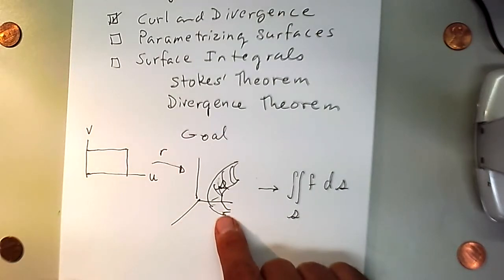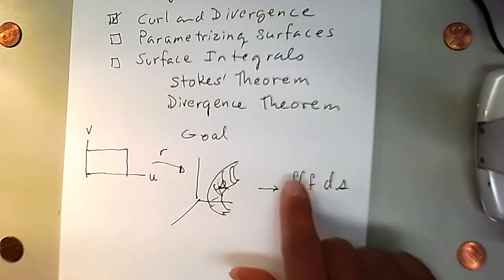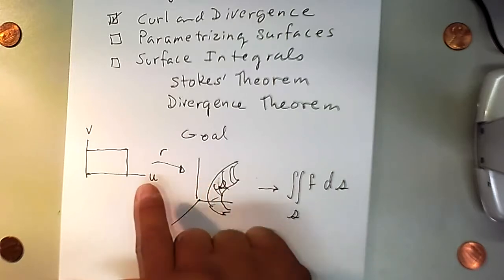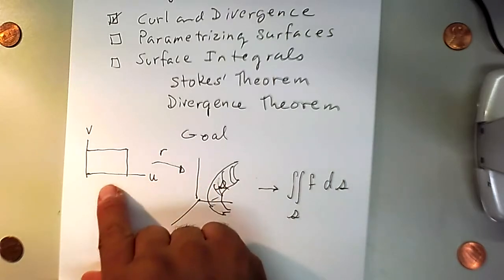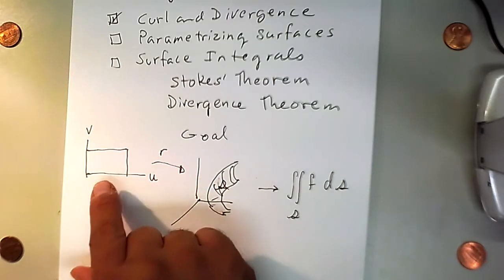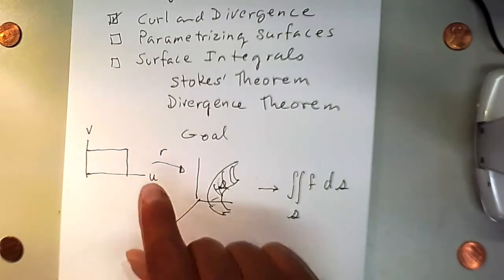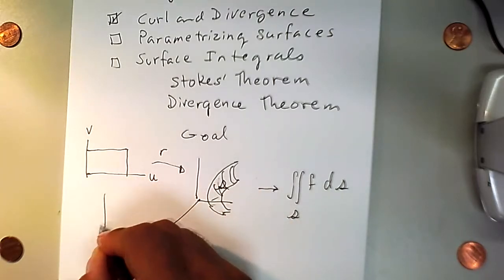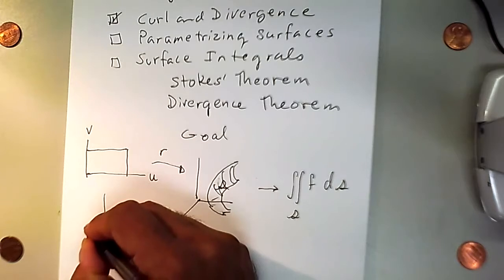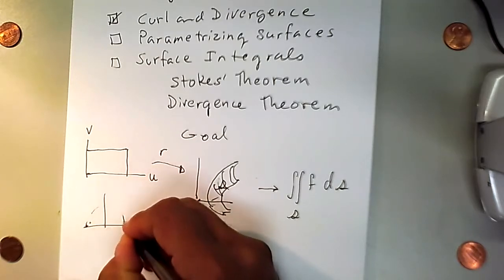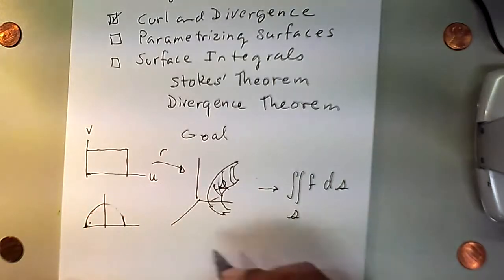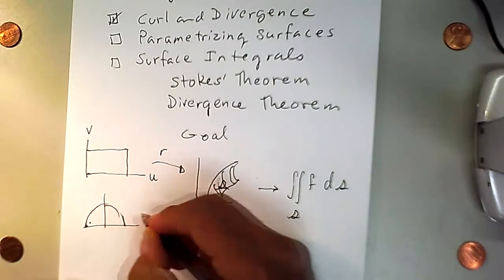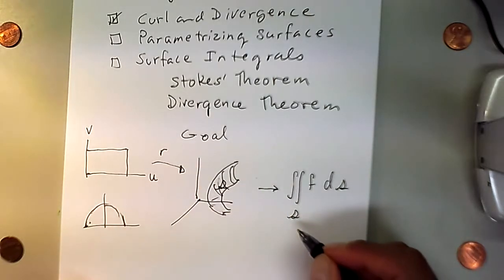So our goal eventually is to come up with this over these surfaces, but it will be a lot easier if the surfaces we were integrating over were just rectangles or even circles. We have polar coordinates, so we can have circles in polar coordinates, or what I call polar rectangles.